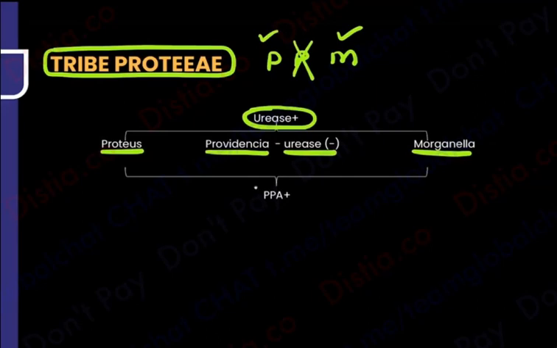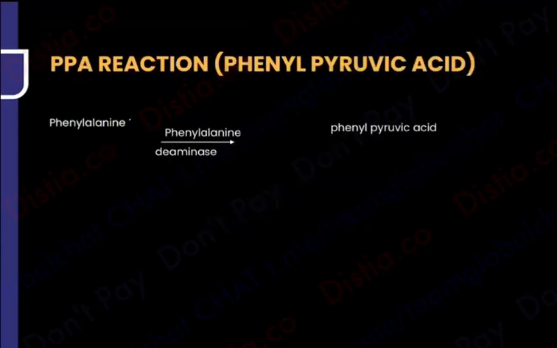But one thing which everyone is positive for is the phenylpyruvic acid test. If you can learn this just by not being very inquisitive, I will be very happy. But if you are one of those who have a lot of curiosity and want to know what phenylpyruvic acid is, although I feel when it comes to micro, half your curiosity goes away.